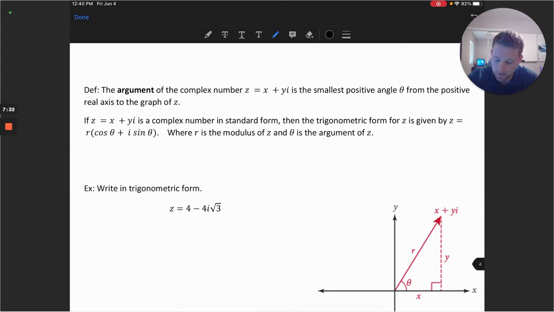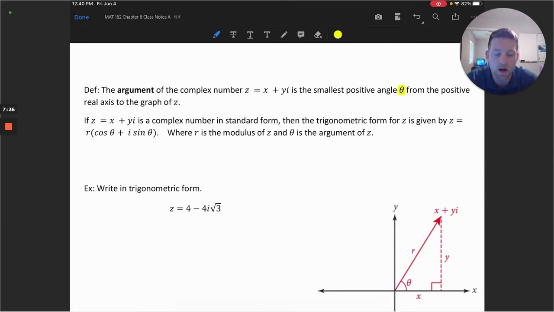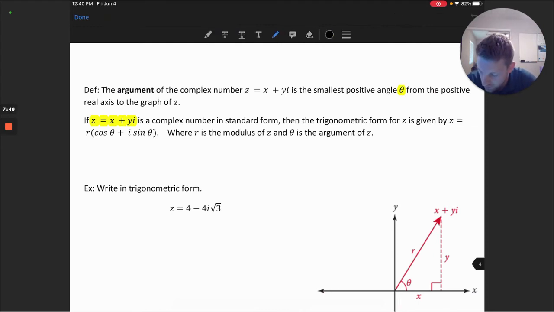So essentially this is saying what is the angle theta formed by my complex number. So again, the complex number, we can write this as either z is equal to x plus yi. Another way we have written that is just z is equal to a plus bi.